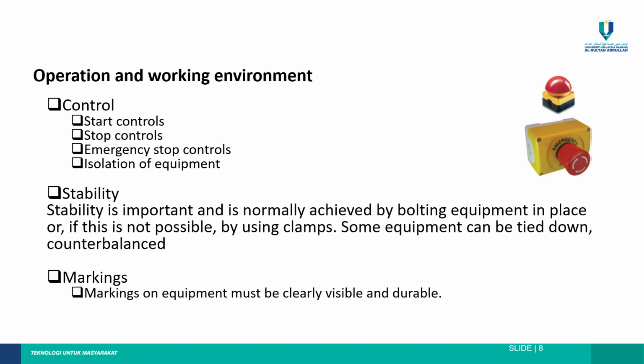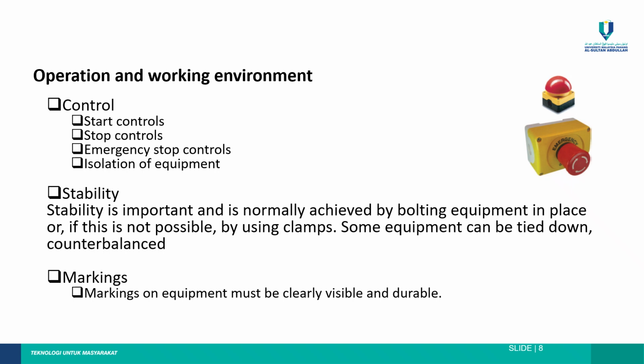So the basic controls that every equipment should have are, for example, start control, which is the basic one, stop control, and then the most important one, especially for risky equipment: an emergency stop control, or emergency stop button.